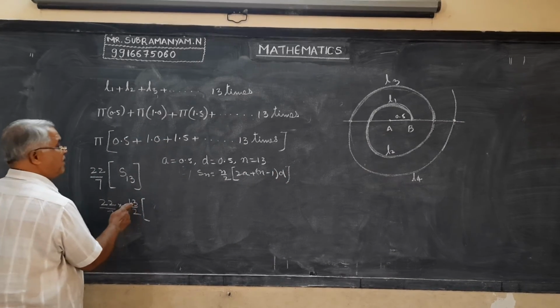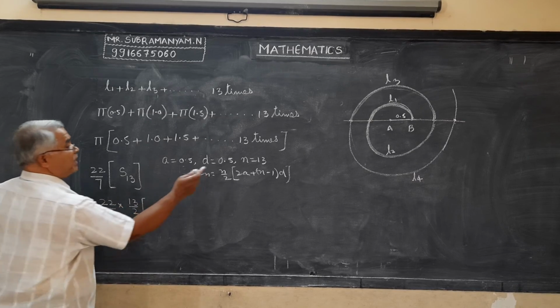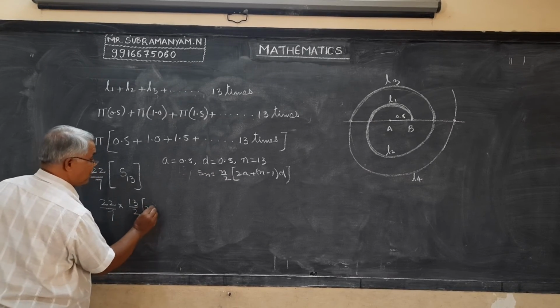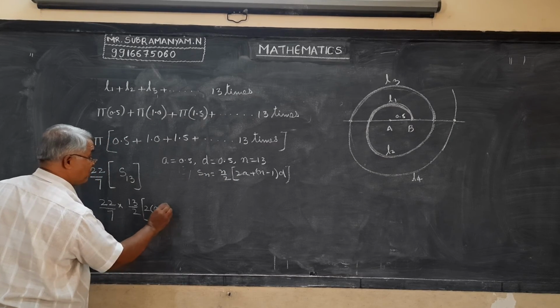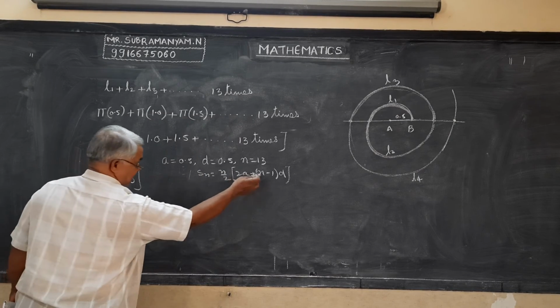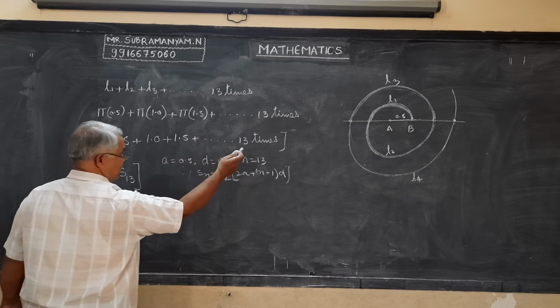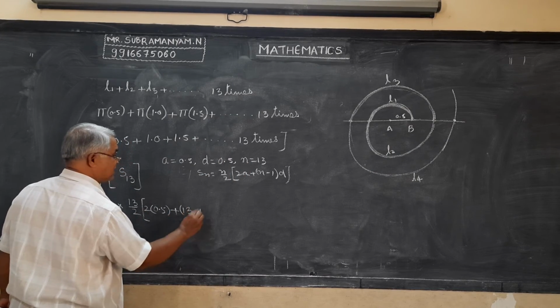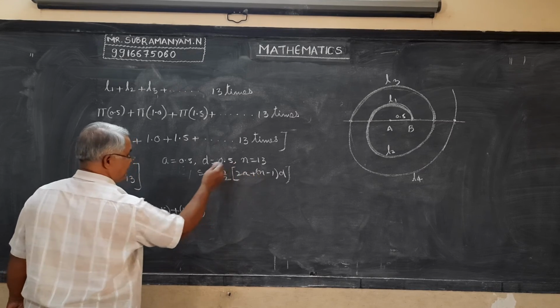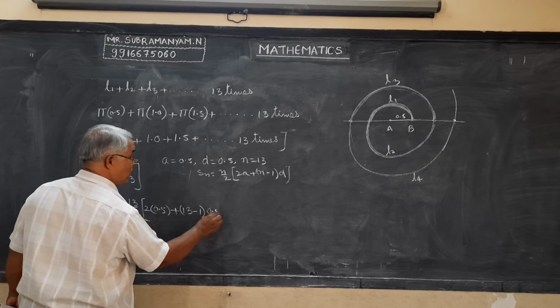So n value is 13 by 2, into 2 into a value 0.5, plus n minus 1, that is 13 minus 1, into d value 0.5.